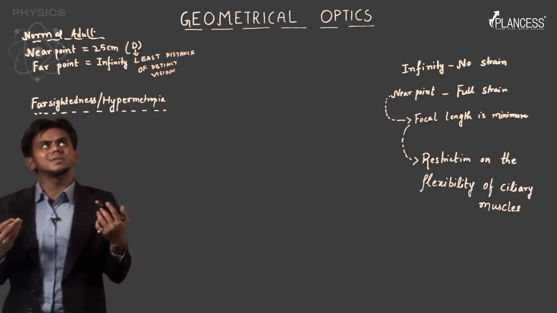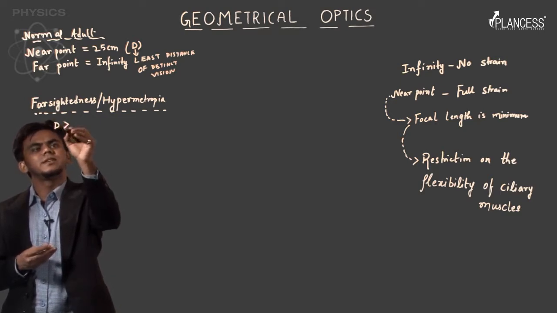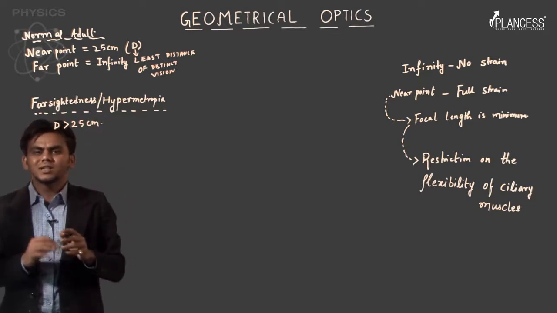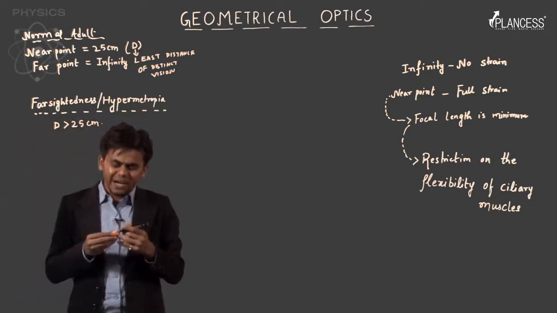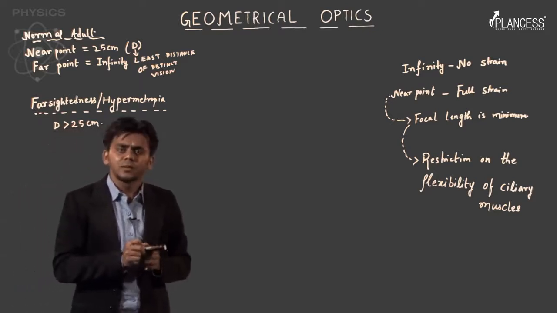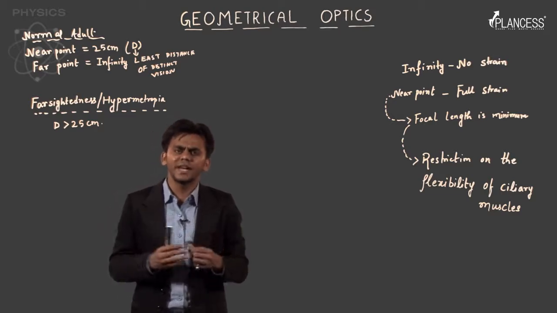So this D thing changes. This D becomes greater than 25 centimeters. So under this situation, your eyes are not able to converge the rays of light properly.